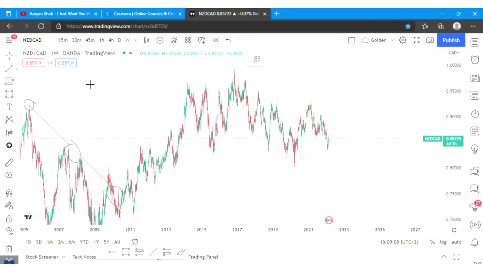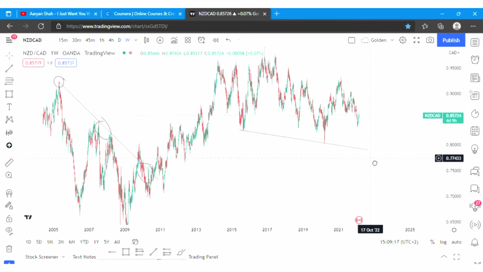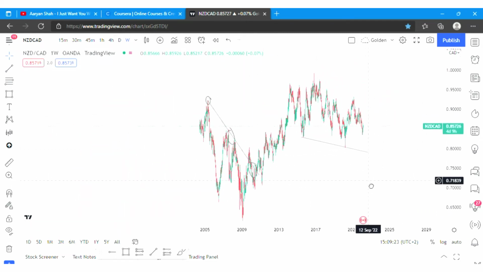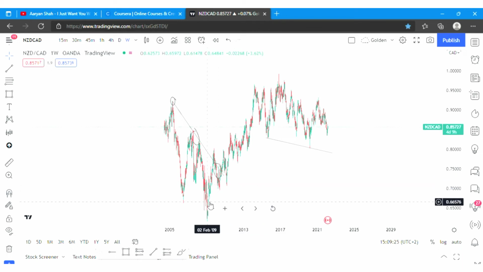Here I can already see that the market is trying to formulate a descending structure, which simply means it's a continuation pattern to the upside. It could be a continuation pattern to the upside, because we can see how the market moved impulsively from these levels, so now the market is just trying to rest.